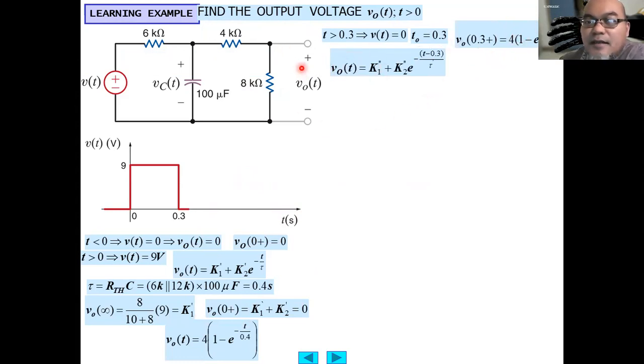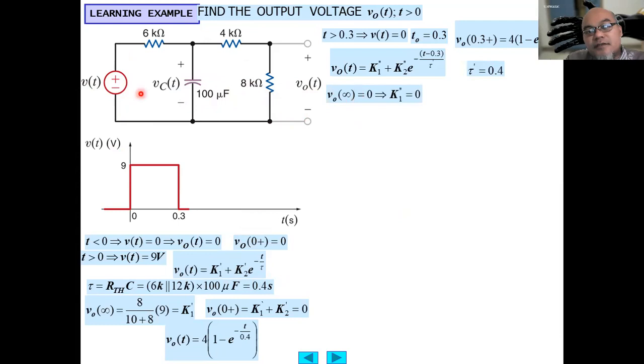Then V output t will be K1 double dash plus K2 double dash exponent minus t. Now the t0 is not 0, but instead it is 0.3 second, divided by tau. The tau is still the same because there are no changes in the capacitance, so it's 0.4 second. The V at infinity will be equal to 0 because it is steady state now.